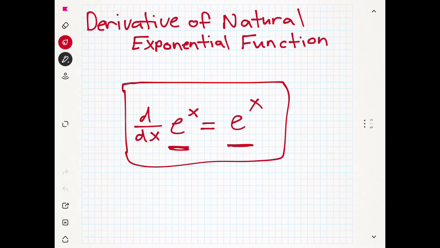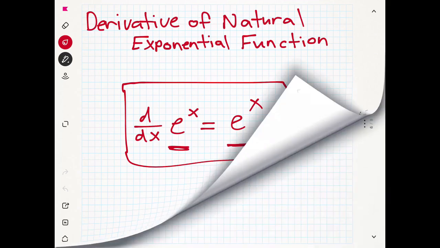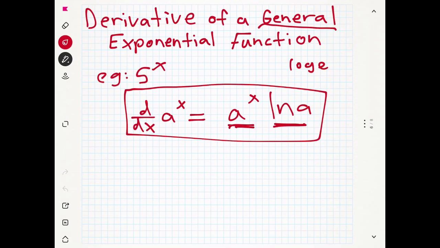Euler's number, also known as the natural exponent, plays a huge role in calculus, and so does its log form. So ln is equal to log base e. So that's the formula: the derivative of any general exponential function is the exponential function itself multiplied by the ln of the base of that function.